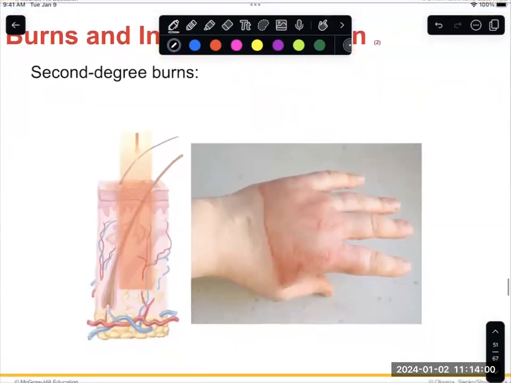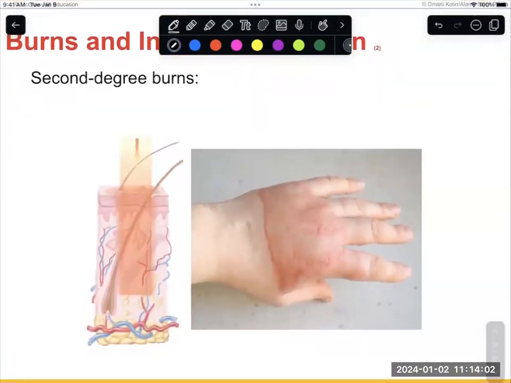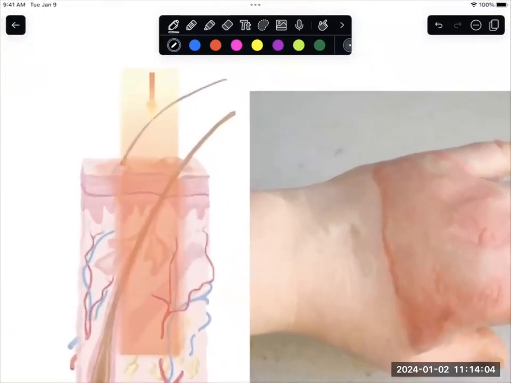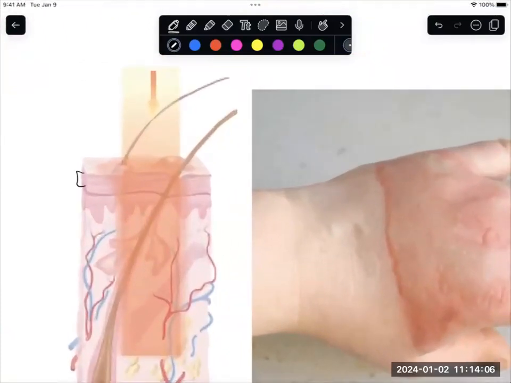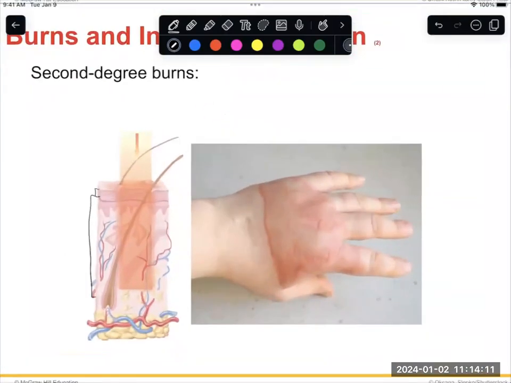Second-degree burns. A second-degree burn involves the epidermis and the dermis. Second-degree burns are also known as partial thickness burns.